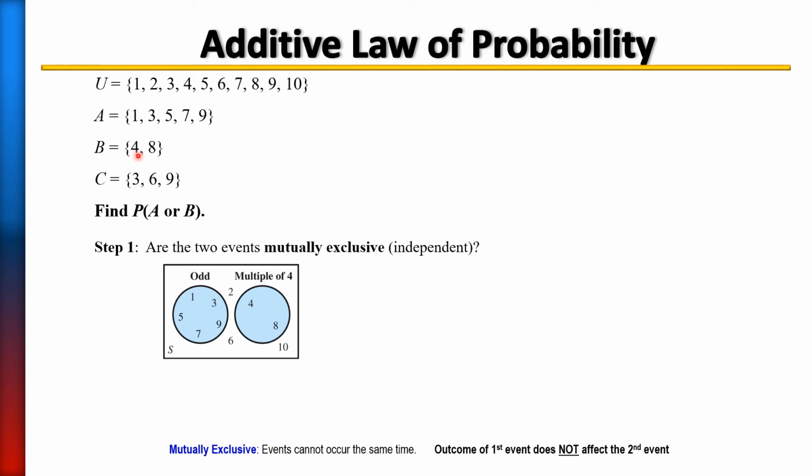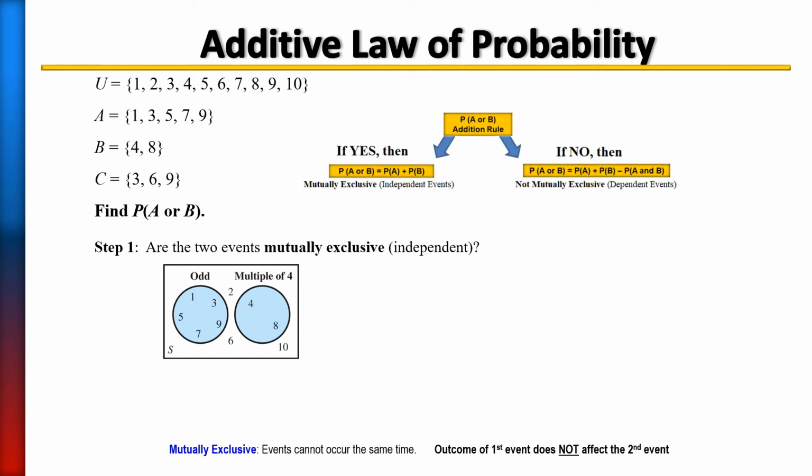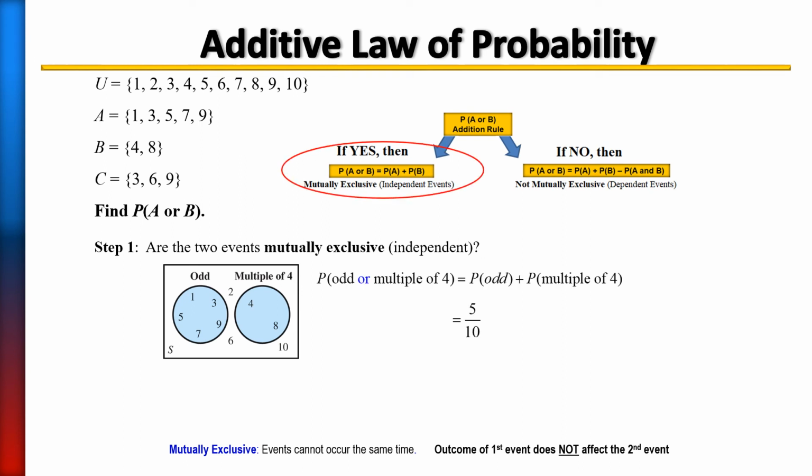Event B will be 2 out of the 10. So 5 out of the 10 plus 2 out of the 10 is going to give us 7 out of the 10. And that is our probability of it being event A or event B.